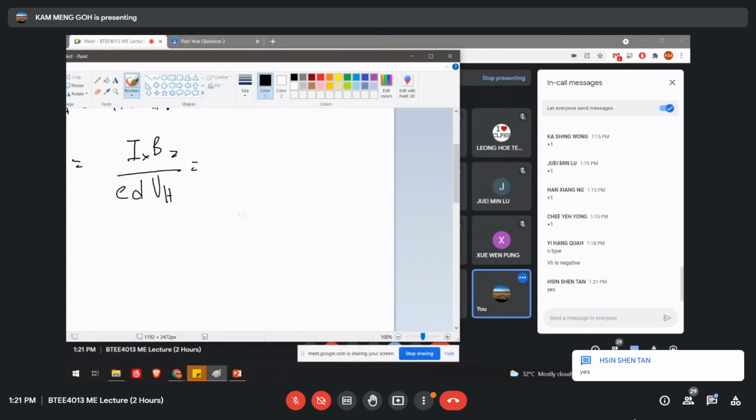What's the answer for this N? Remember, convert everything to the SI unit, then you can do it. Okay, so your answer is 1.81 times 10 to the power 20.